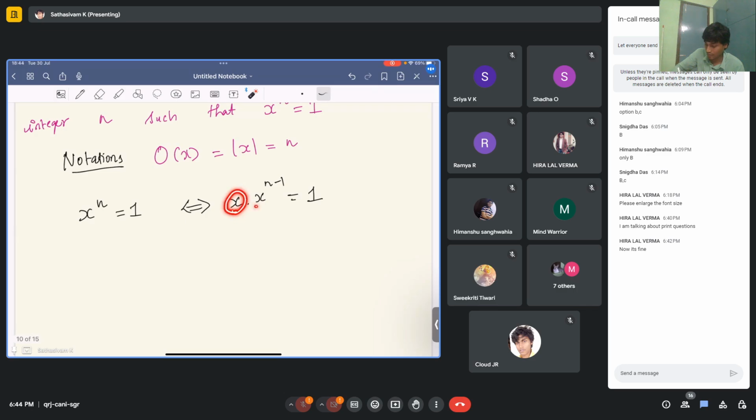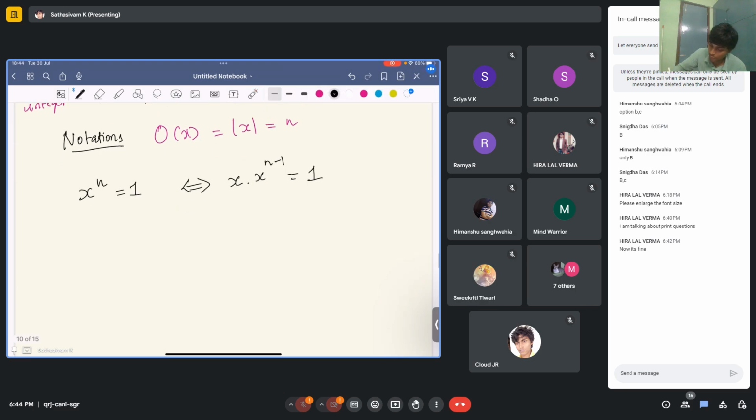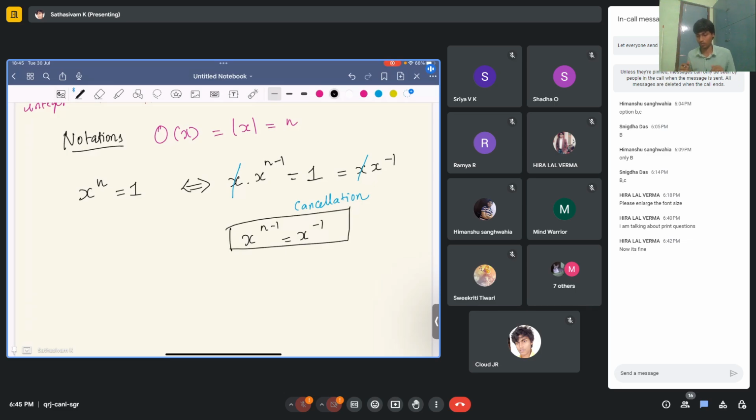This means x to the power n minus 1 is x inverse. Or, to be a little more rigorous, x times x to the power n minus 1 is equal to x times x inverse. Now use the cancellation property. Then what you get is x to the power n minus 1 is equal to x inverse. That is exactly what you want. Just apply the cancellation property and you will get that.